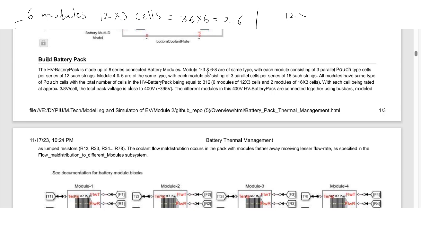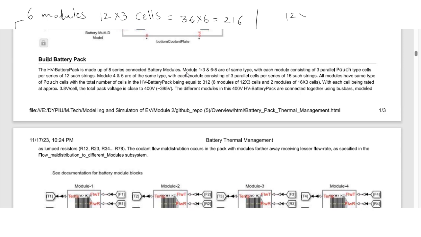Out of them, 6 modules are of the same type and 2 are of a different type. In modules 1, 2, 3, 6 to 8, each module consists of 3 parallel pouch type cells for a series of 12 such strings.